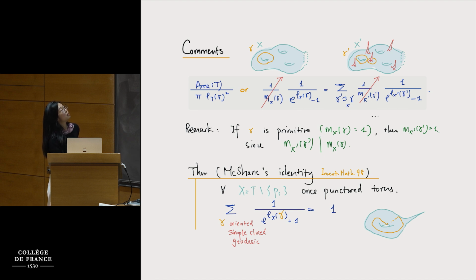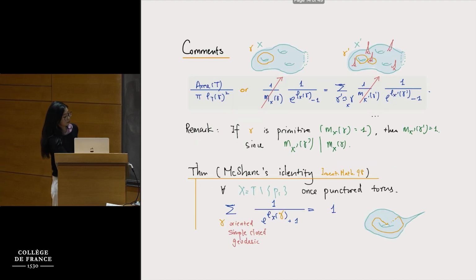So in our identity here, the sum always contains non-simple curves because you have to allow them to go around punctures. But here, there are only those simple closed geodesics, those that don't intersect themselves.